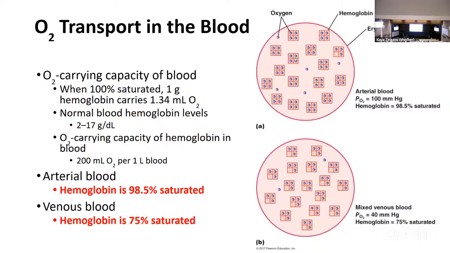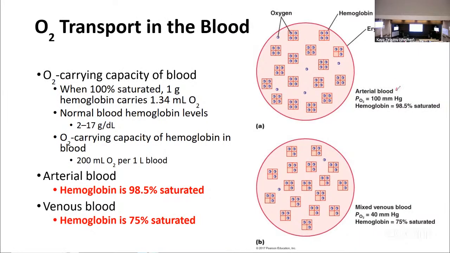So that's what these little boxes here are. They're showing you the hemoglobin, and each of those little blue-purple dots is one of our oxygen molecules. We can see here conceptually that we're looking at our arterial blood, at that partial pressure of 100. A little bit of that oxygen is just directly dissolved in the blood, so that's that 1.5%.